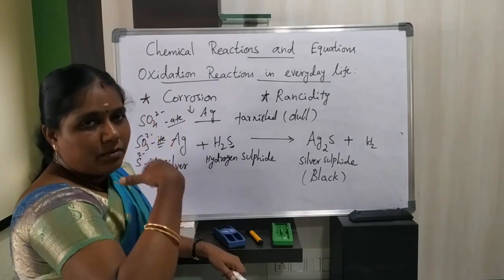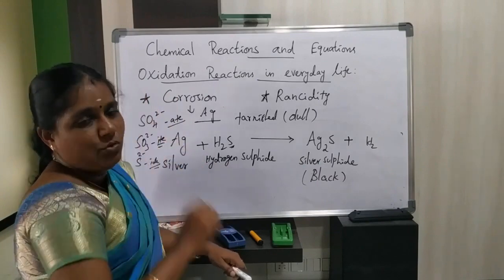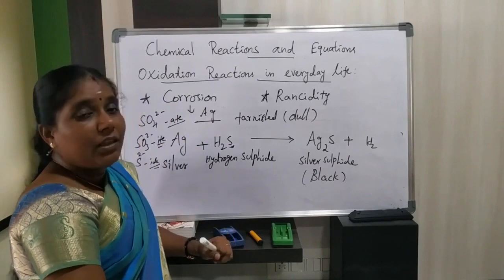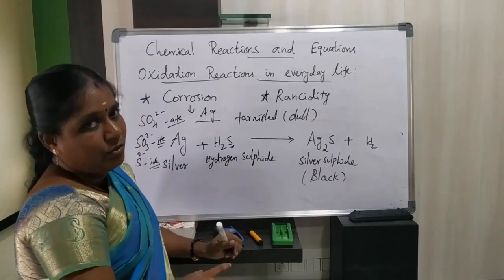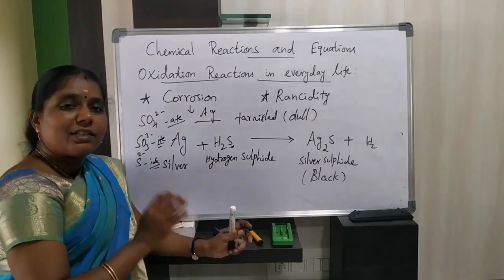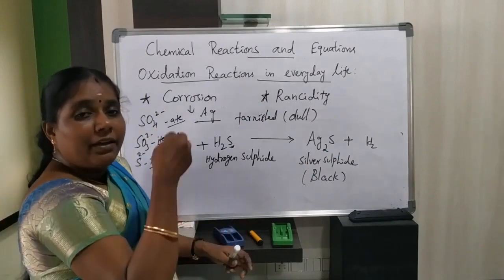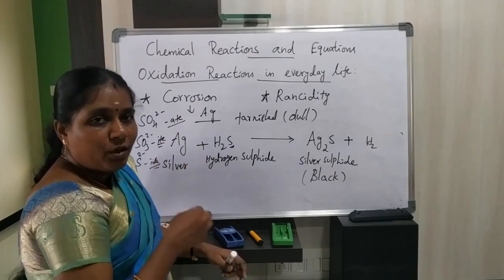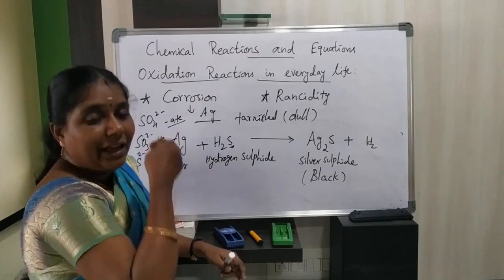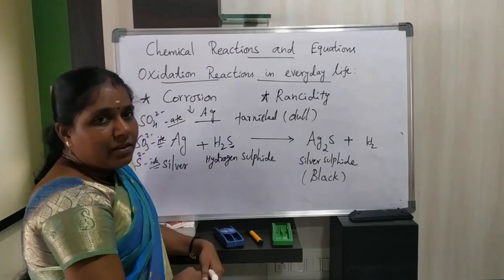It becomes dull. So corrosion is the slow and steady destruction of metal by reaction with air, moisture, acids, and some other chemicals.